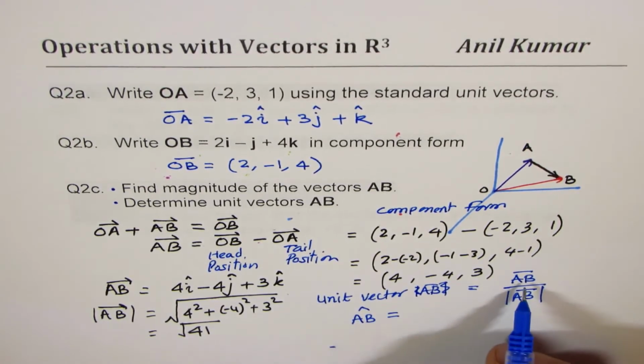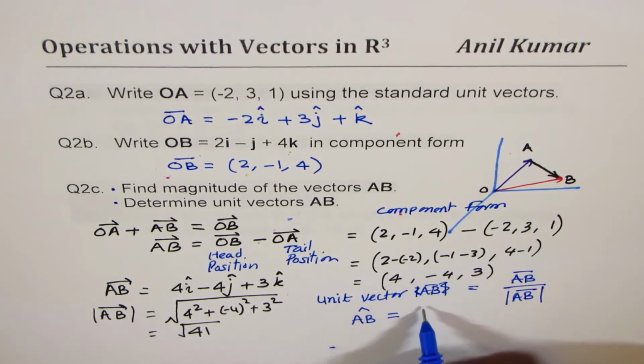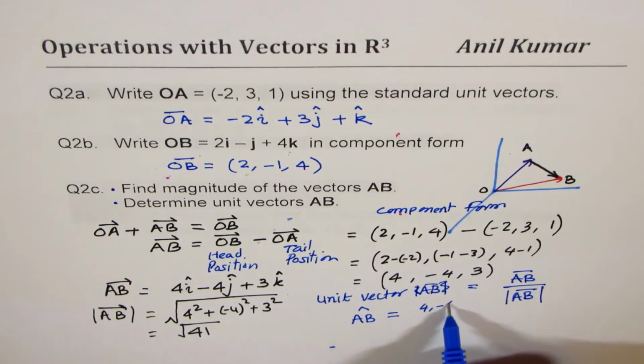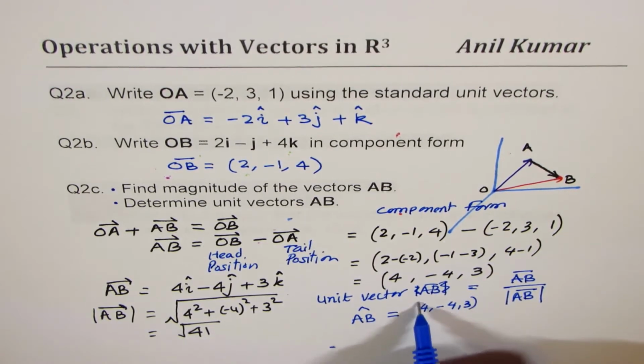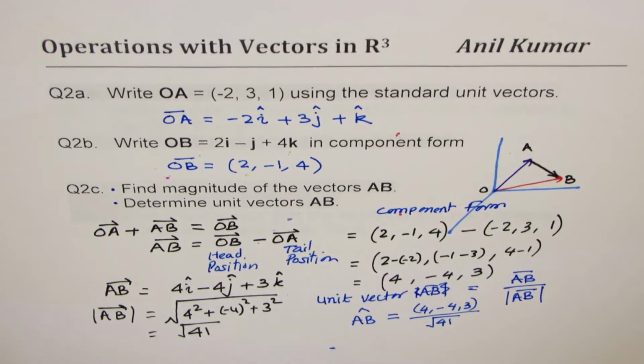It is equal to the vector, which for us is (4, -4, 3), and we are going to divide this by square root 41. Correct? So that is how you get unit vector AB.